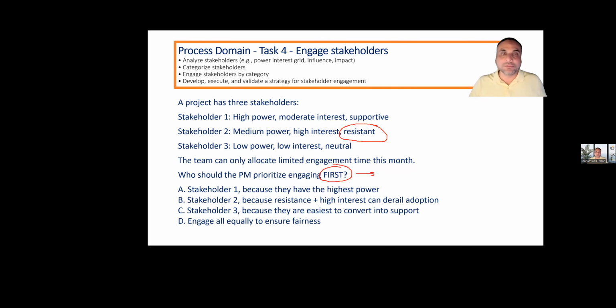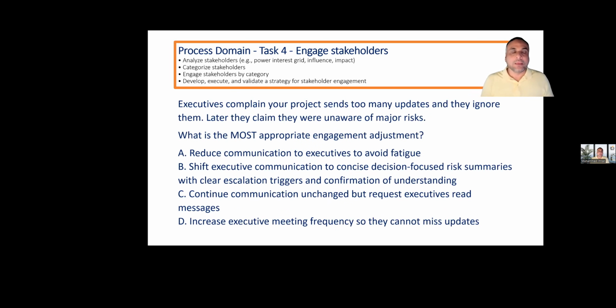Make it your ideology that these should be your first target, because those who are already with you will not create problems. Those who are resistant will go against you, so you have to be careful of them. So yes, B is the correct answer. Very good.